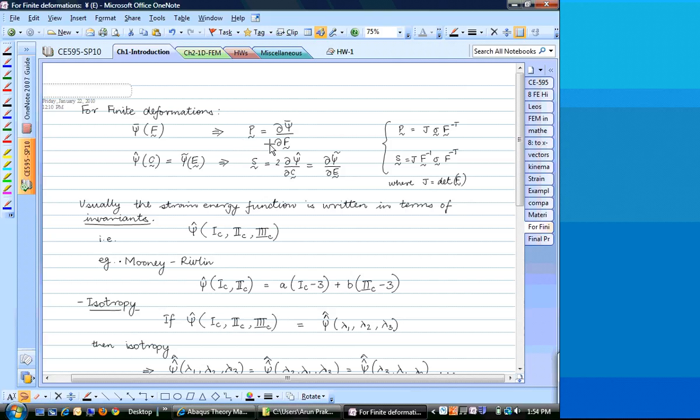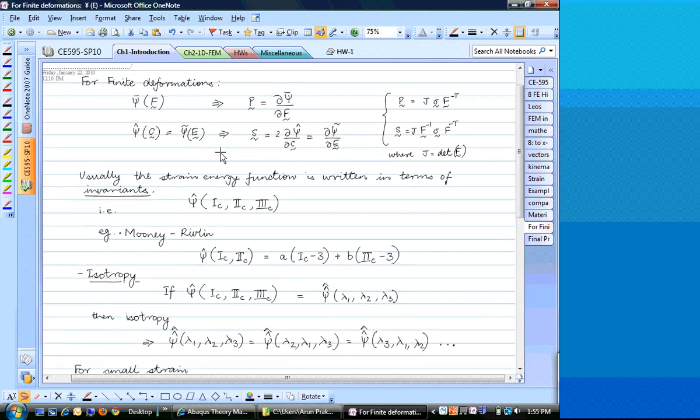We'll not worry about that just yet, but just to complete the notes here, I can also mention that the work conjugate of C, or equivalently of E, is S. Now S, you might have been using S as the Cauchy stress in 570, but here S is called the second Piola-Kirchhoff stress tensor. And these are nothing but transformations from the final deformed configuration back to the original undeformed configuration of your Cauchy stress.